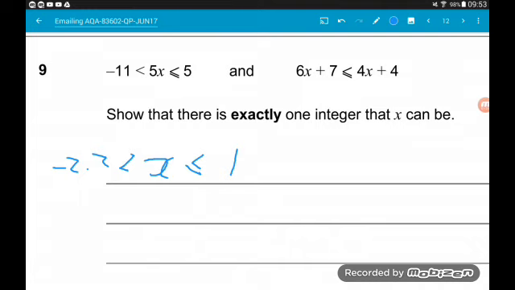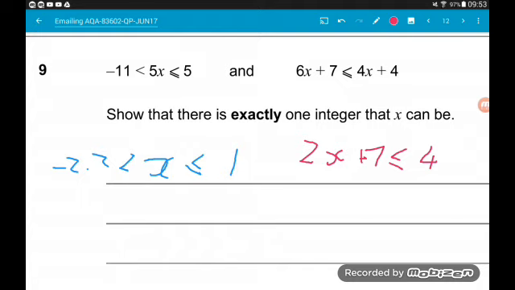And the guy on the right, let's change colour. For the guy on the right, let's first of all take 4x from both sides. So then we're going to get 2x plus 7 is less than or equal to 4.